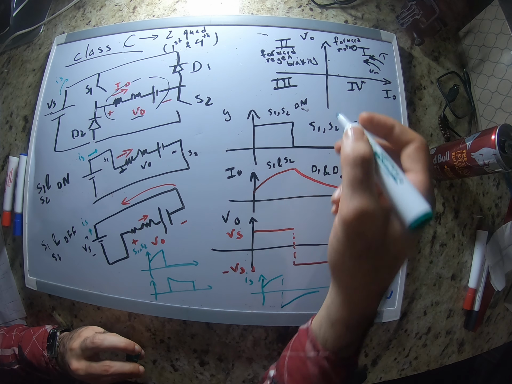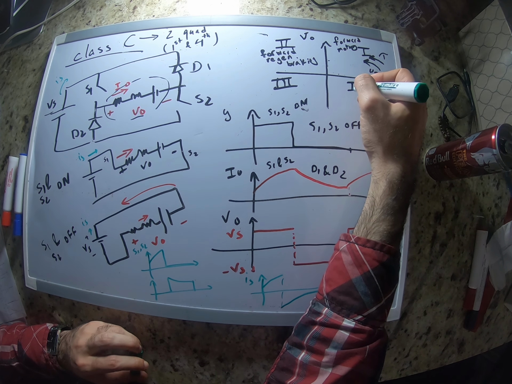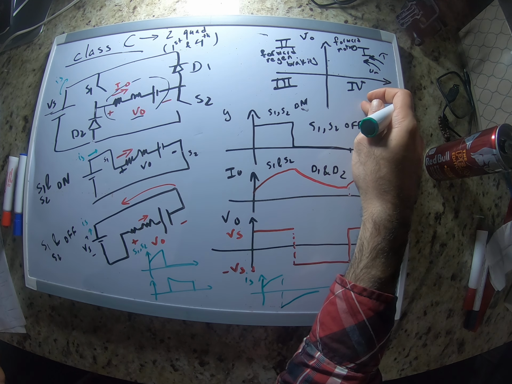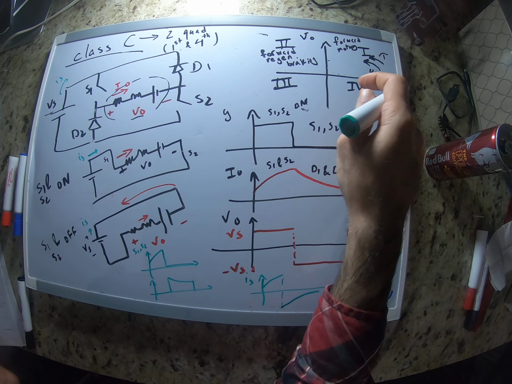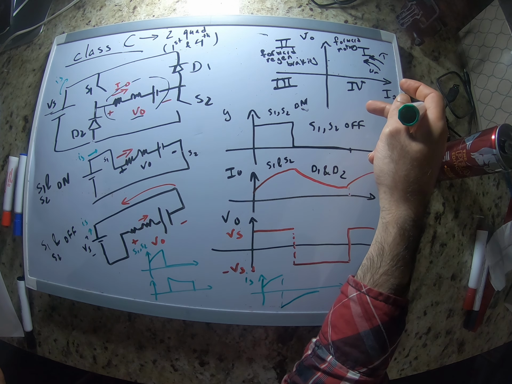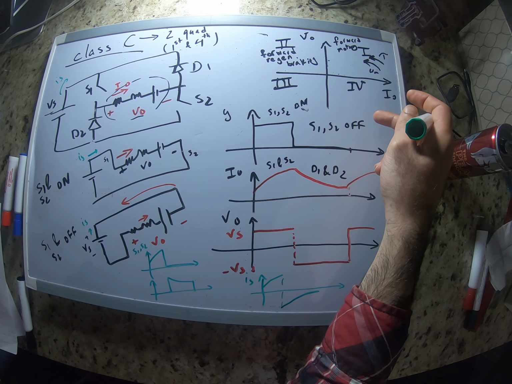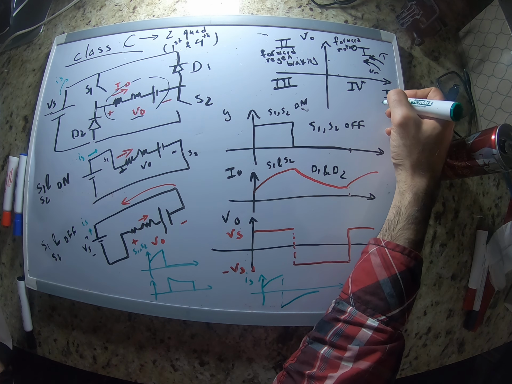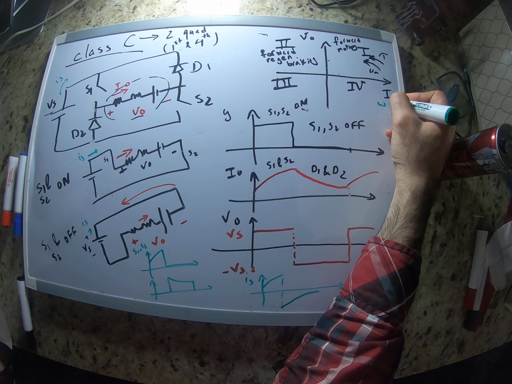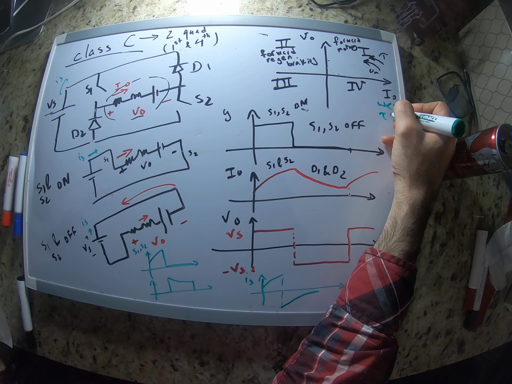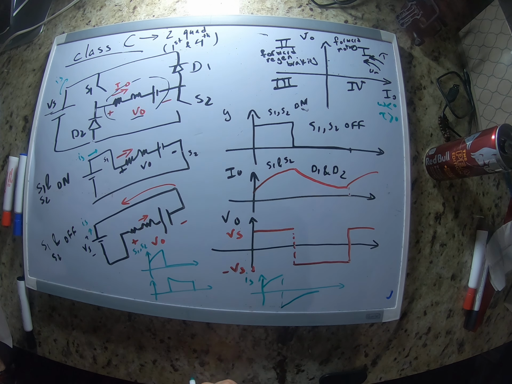So here it means that we are going to be in this quadrant, right? What is this quadrant? It means that we are basically in the fourth quadrant, and it means that omega is less than 0, but our tau is bigger than 0.